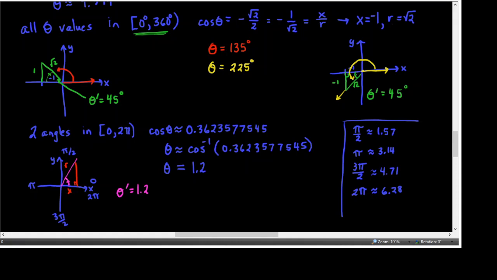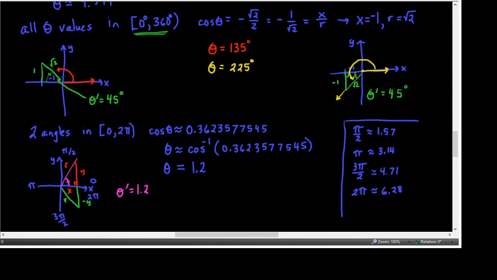Y can be positive or negative. So if this is y, then the other triangle that we're going to draw is going to have the exact same x, so it's going to be to the right of the y-axis, with a negative y that's the same length as y. And of course, if we draw this here, that's supposed to be the same as r.